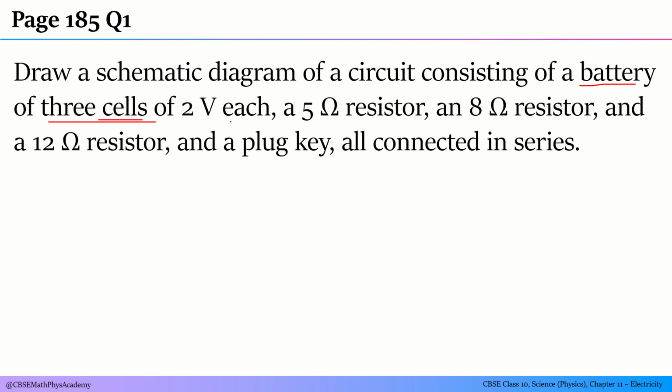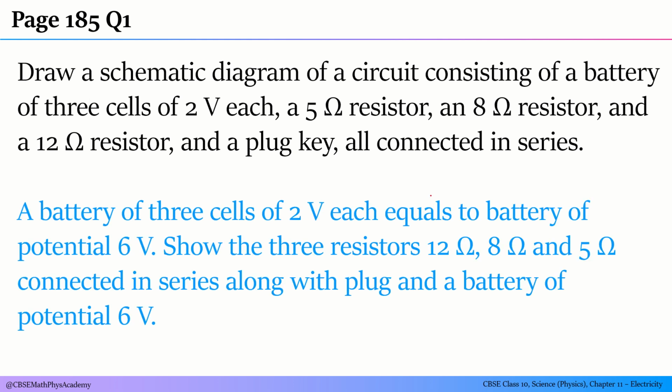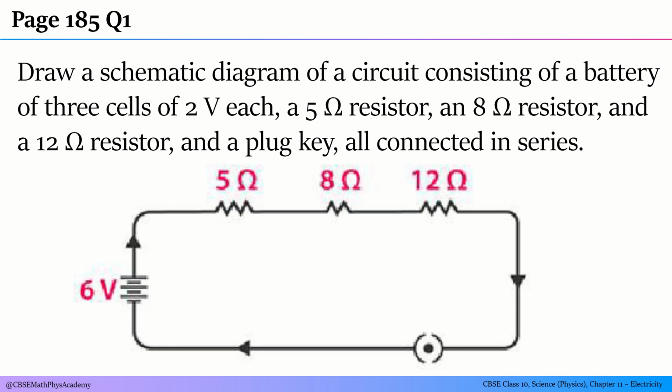In this case, you have cells of 2 volts each, so 3 cells means you have a battery of 6 volts. You are going to connect this in series with all the 3 resistances, the plug, and the battery of potential 6 volts.